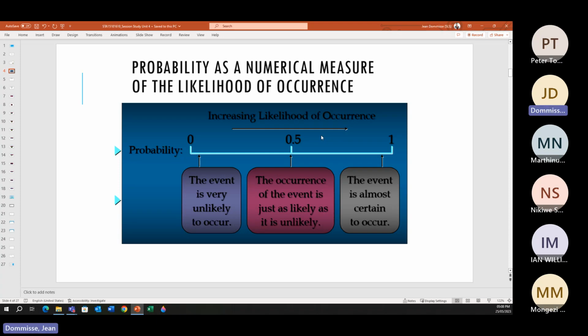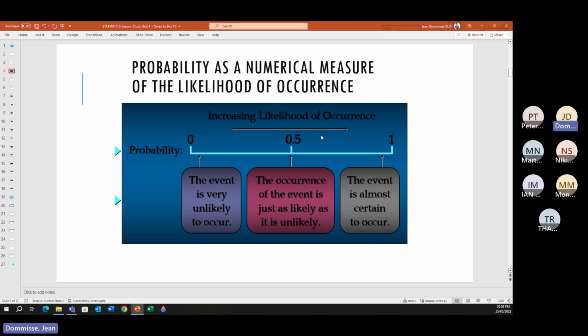A very simple example of that is when they forecast weather and they say the chances of rain. There they've just used the probability as a percentage. So we're looking at probability from 0 to 1, from less likely to more likely to happen.